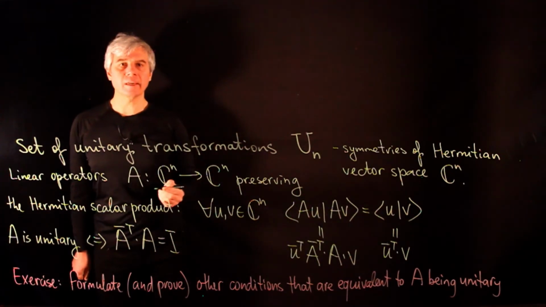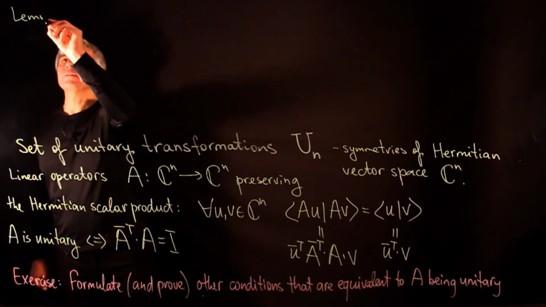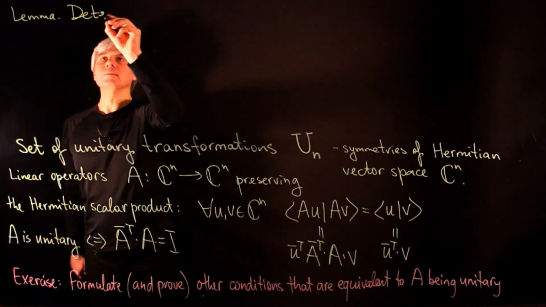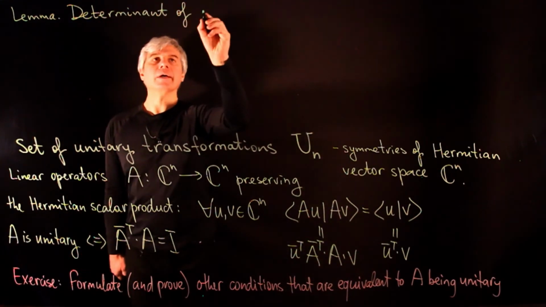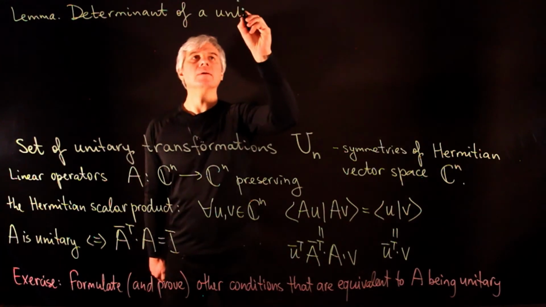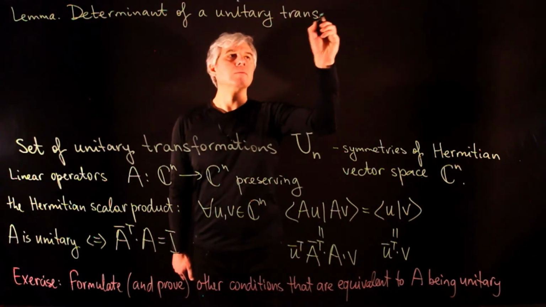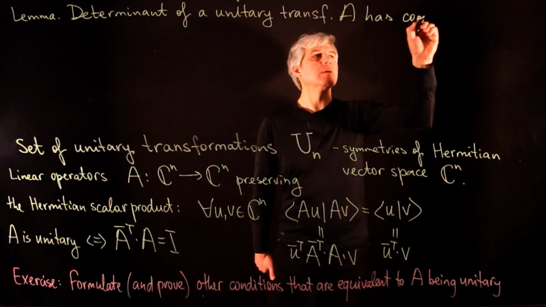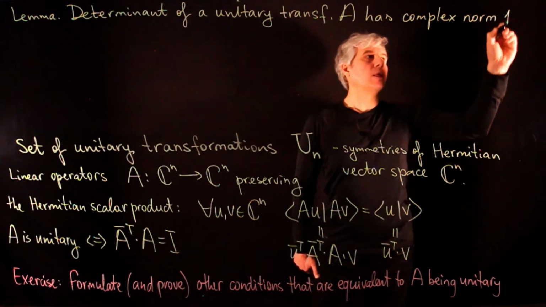What can we say about the determinant of a unitary transformation? So we have the following lemma, that determinant of a unitary transformation A has complex norm 1.